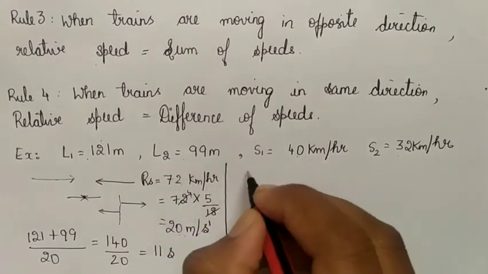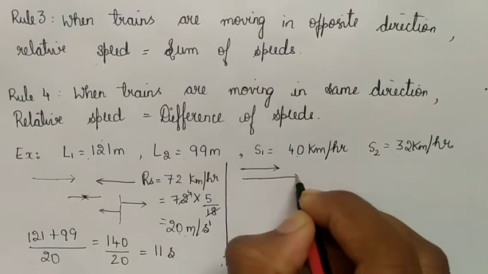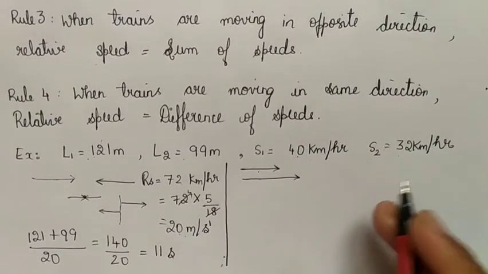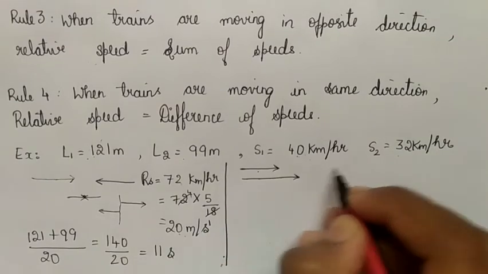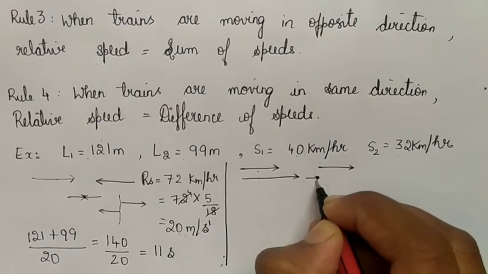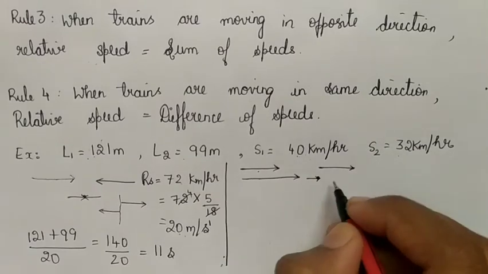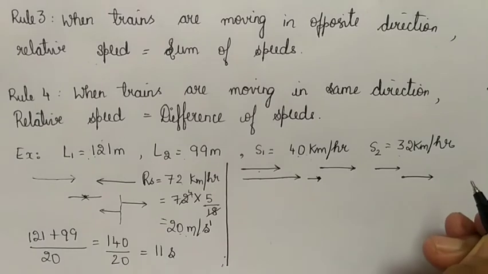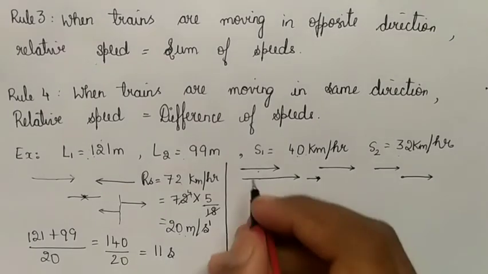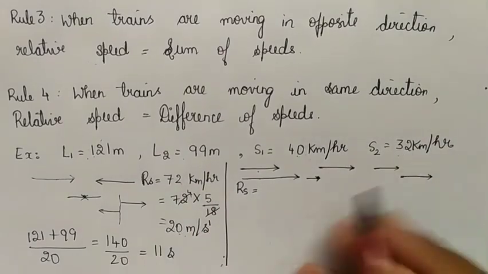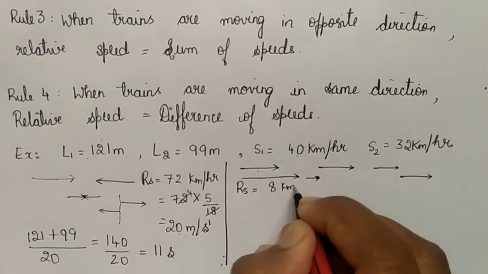Similarly, suppose they are moving in the same direction. Their lengths are different, their speeds are different, but suppose one train is moving here and the engine of the other train has reached this point. Then the time for this train to overtake the other train is found by the relative speed, which is the difference of their speeds. 40 minus 32 is 8 km per hour.